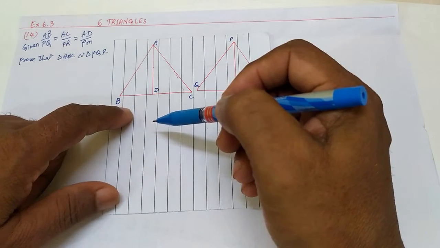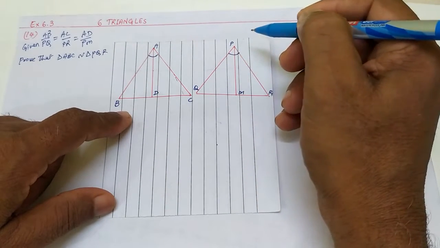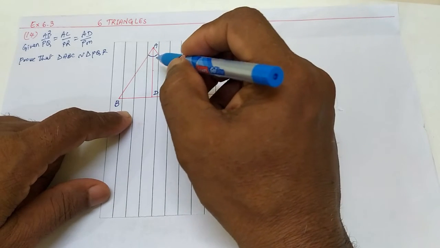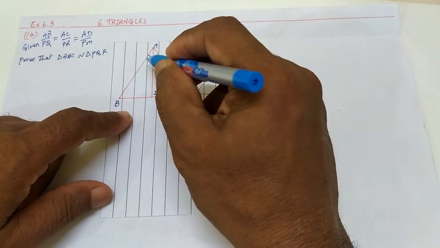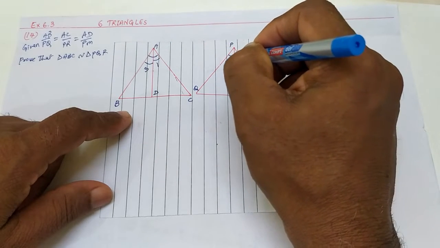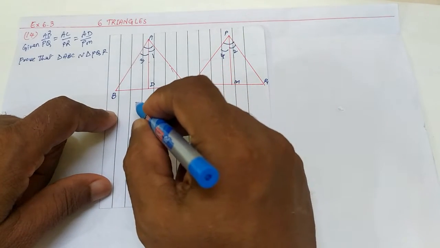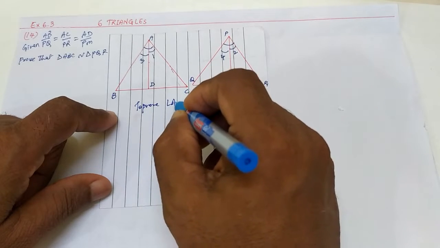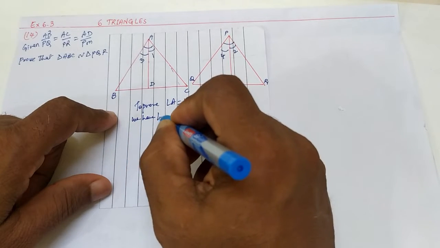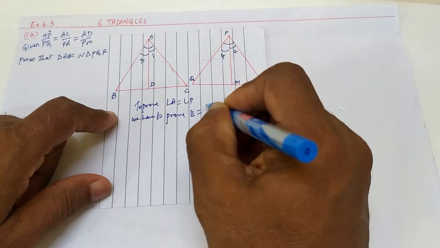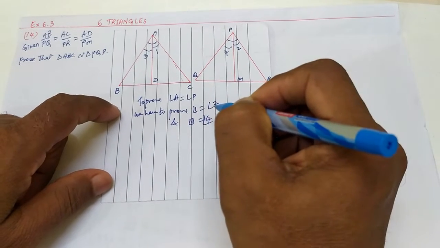what we will do is extend this line first. To prove that angle A is equal to angle P, we have to prove that angle 1 is equal to angle 2 and angle 3 is equal to angle 4.